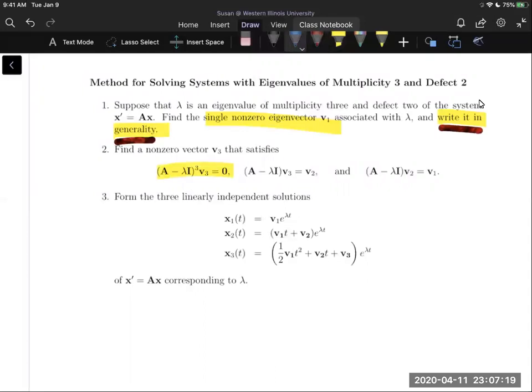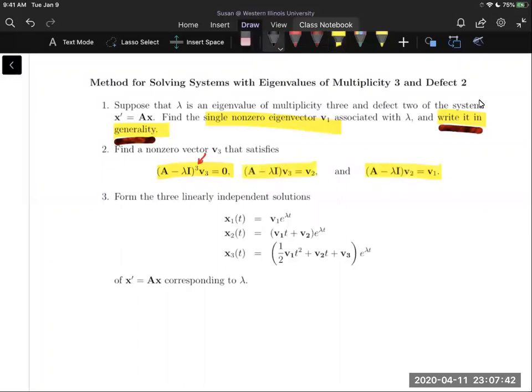We want to find a v3 such that (A minus lambda I) cubed, an important difference, equals 0. I just want to call your attention to that 3 there. Once we get that v3, it's going to force down the choices for v2 and v1.